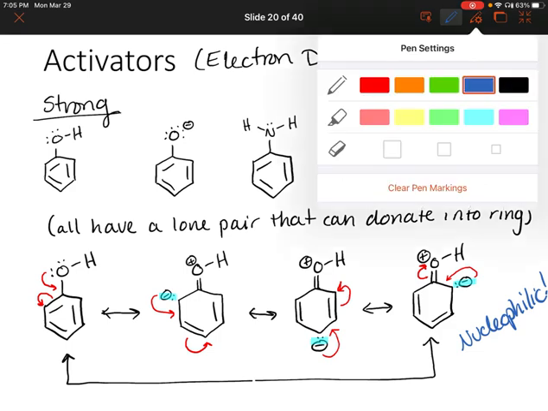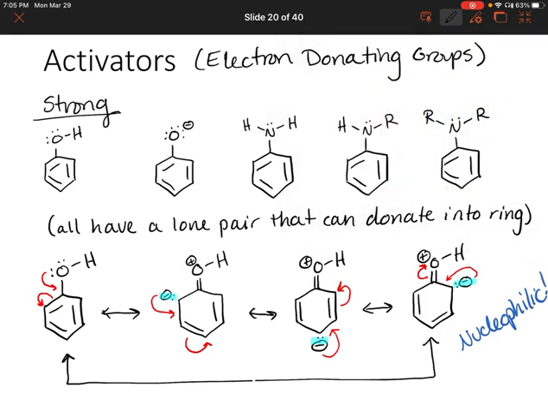Faster reactions. So let's just make a note that these are fast reactions. So that would be if you're adding a second group onto the ring. If you have a really strong activator already present on the ring, that second group is going to add really quickly to an ortho or para position.